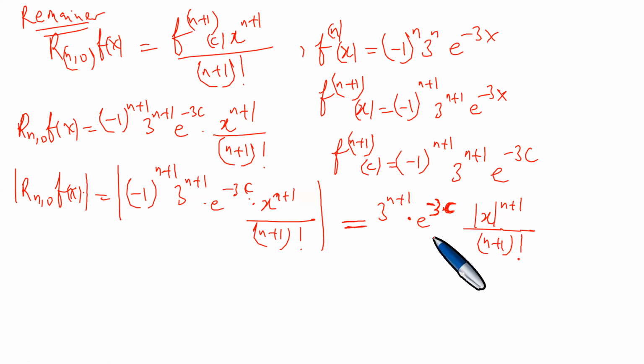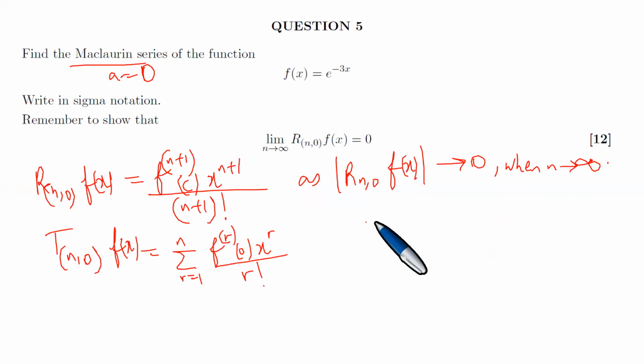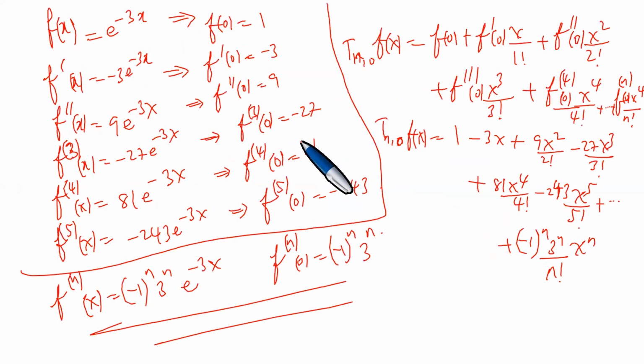As n approaches infinity, we take the limit of this. You must just show that this limit is equal to 0. So we take the limit.